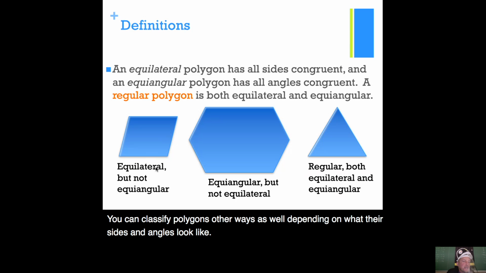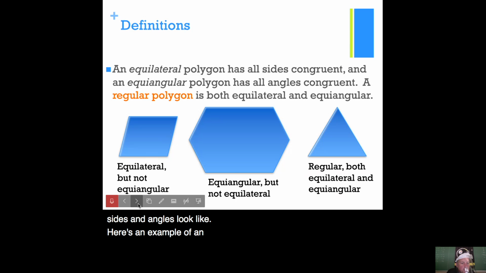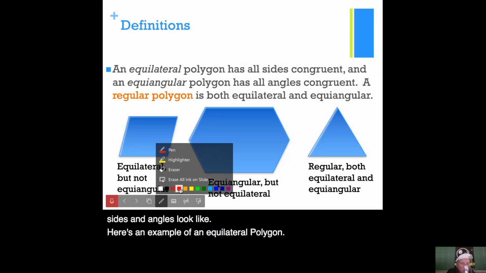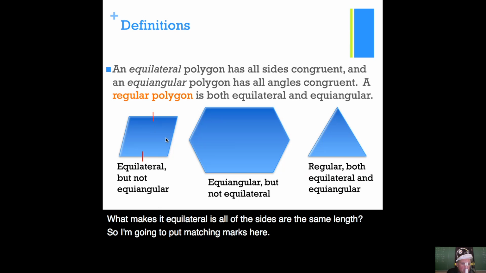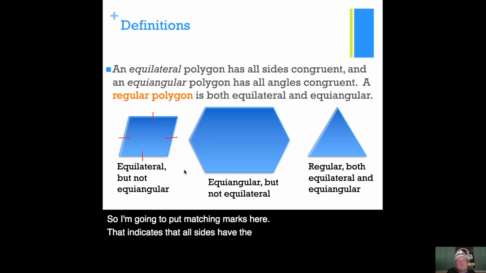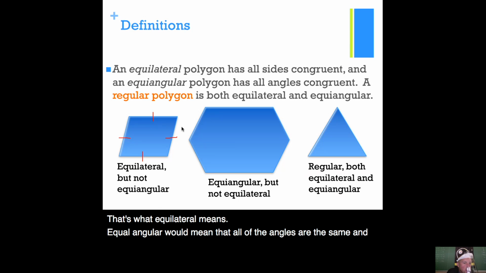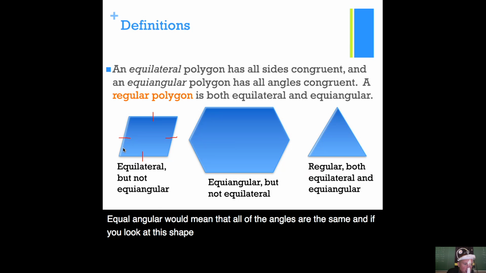Here's an example of an equilateral polygon. What makes it equilateral is all of the sides are the same length. So I'm going to put matching marks here. That indicates that all sides have the same length. That's what equilateral means. Equiangular would mean that all of the angles are the same. And if you look at this shape, that is definitely not the case.